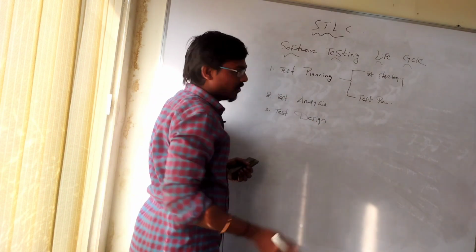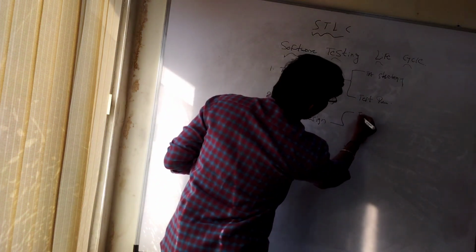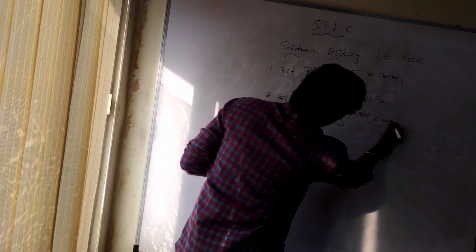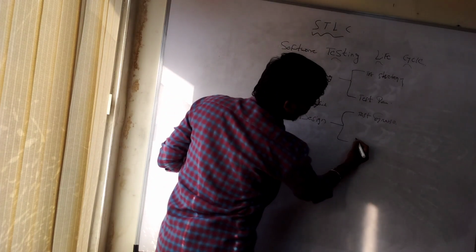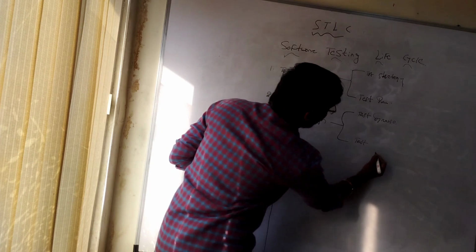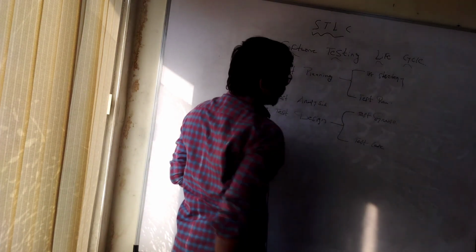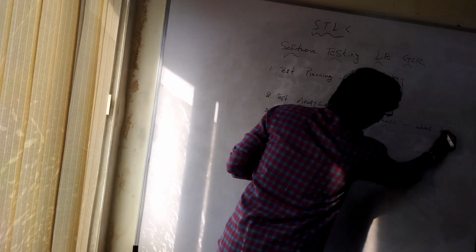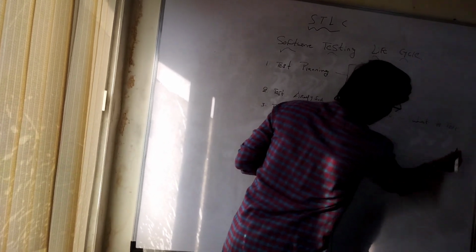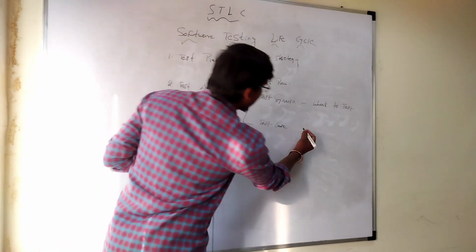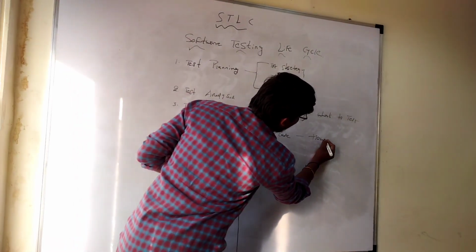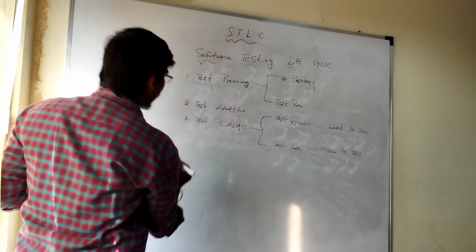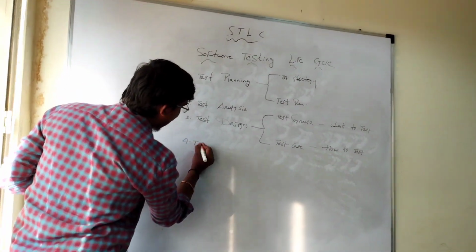In test design we have two items. First is the test scenario, second is the test cases. The test scenario is what to test, and the test case is how to test. The fourth one is the test environment.